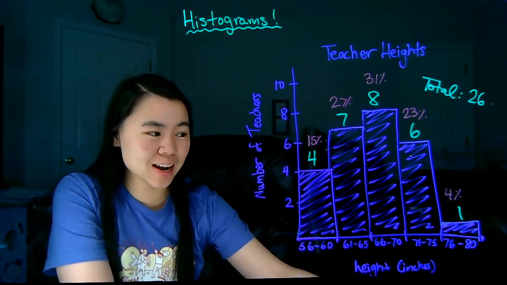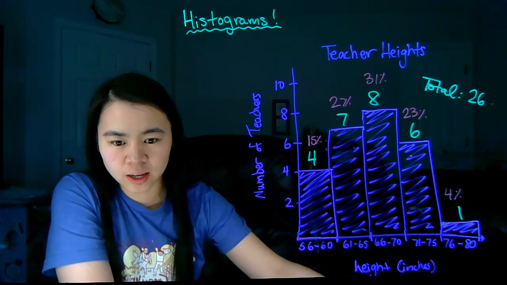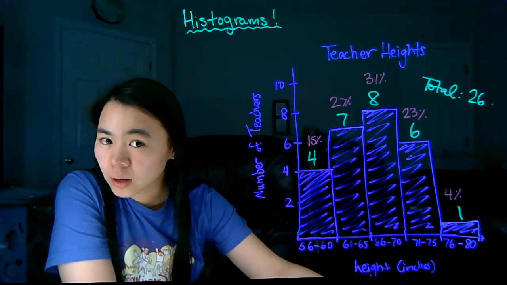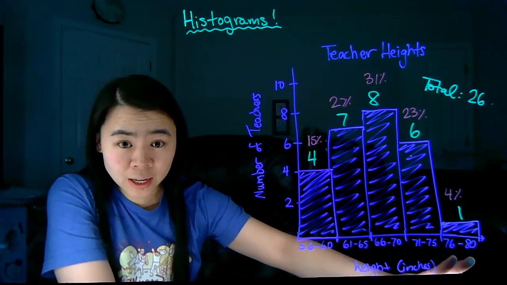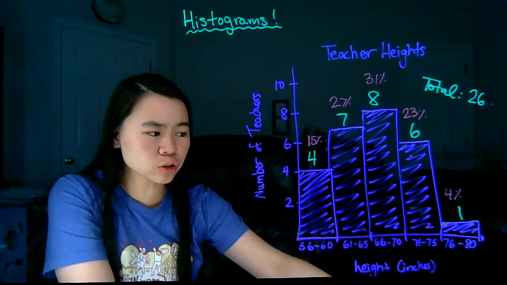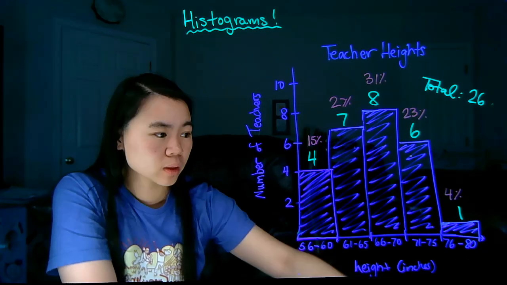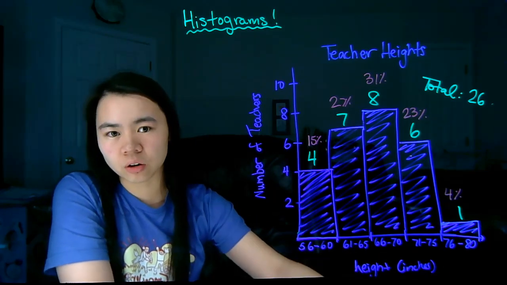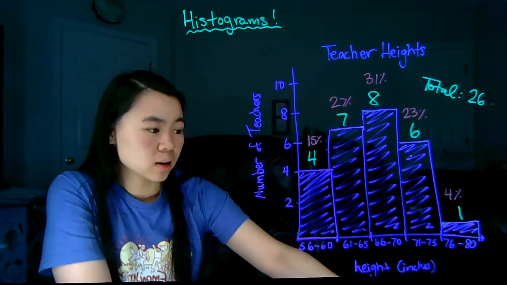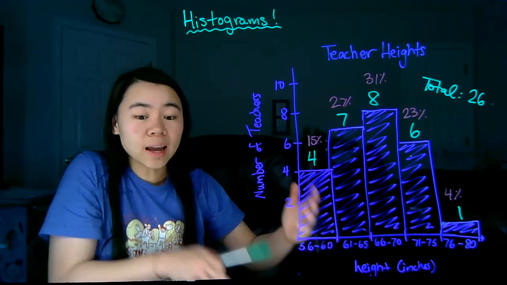The tallest teacher that I asked is somewhere between 76 and 80. But do I know how tall he is or she is? This is a range. So this one teacher could be 80 inches tall. That one teacher could be 76 inches tall, or maybe 77 inches tall, or 78, or 79. I don't know for sure. All I have is a range.